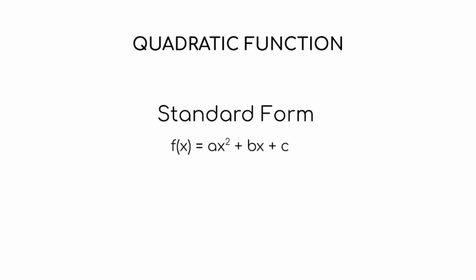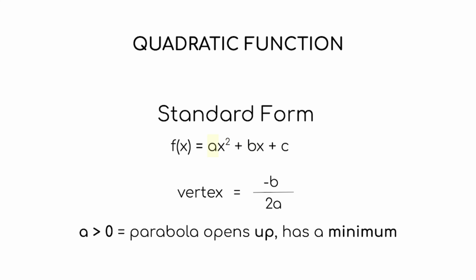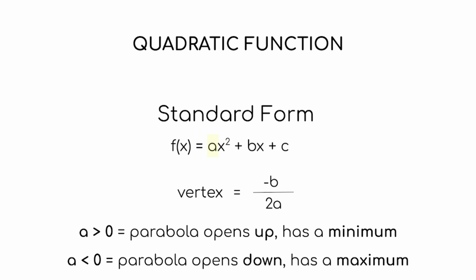The first is the x value of the vertex, which is negative b over 2a. The second is that if a is greater than 0, or positive, the parabola will open up and have a minimum value. If a is less than 0, or negative, the parabola will open down and have a maximum value.